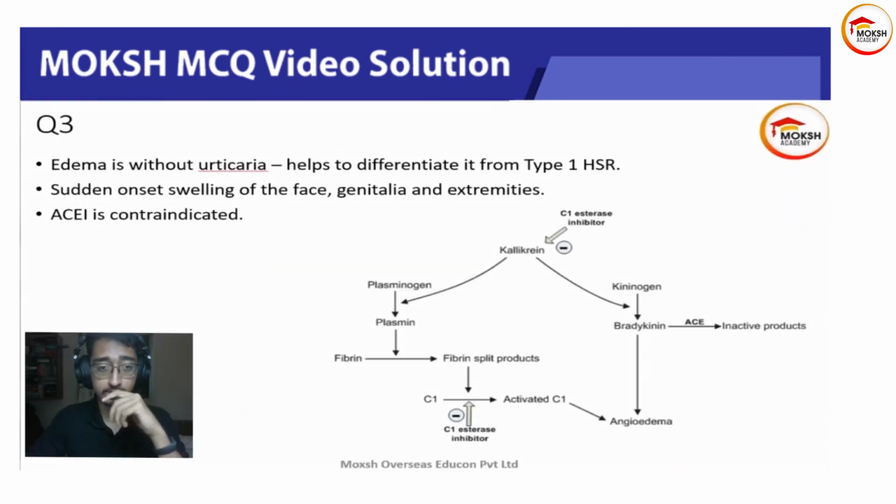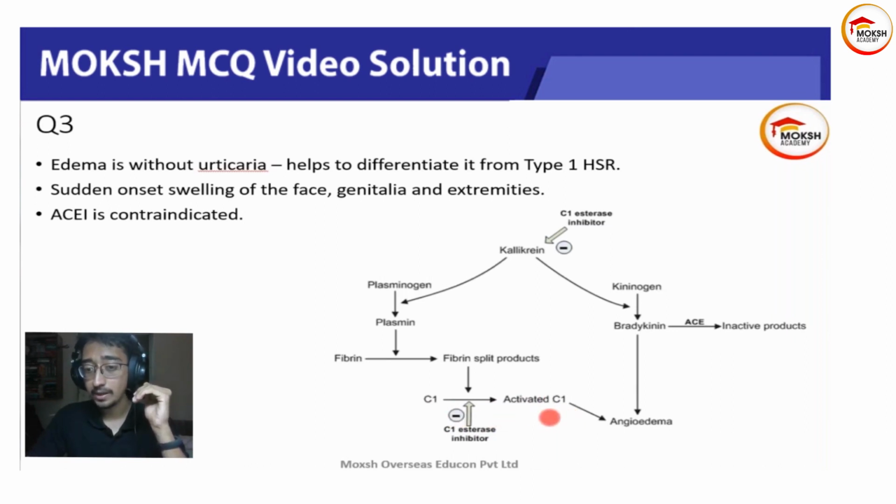Okay, so now look at this. C1 esterase inhibitor is basically something that will inhibit the conversion of C1 to activated C1. Right. So if C1 esterase inhibitor is deficient, which means C1's conversion to activated C1 is not inhibited.